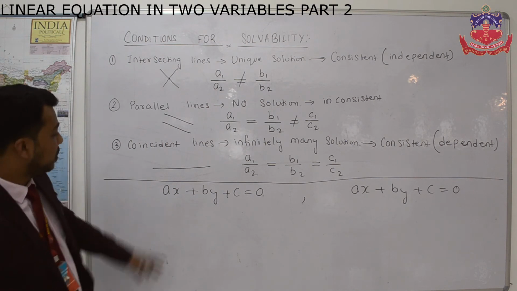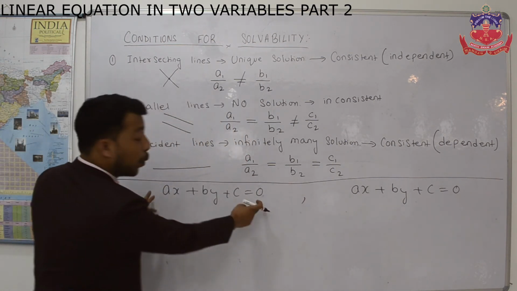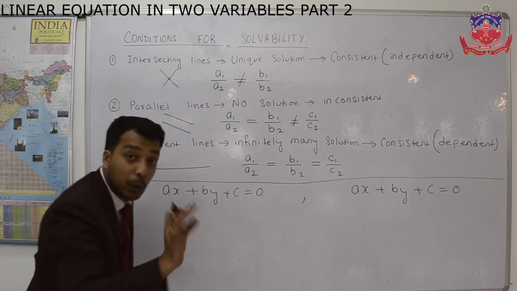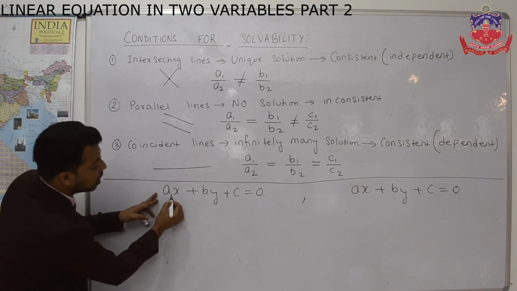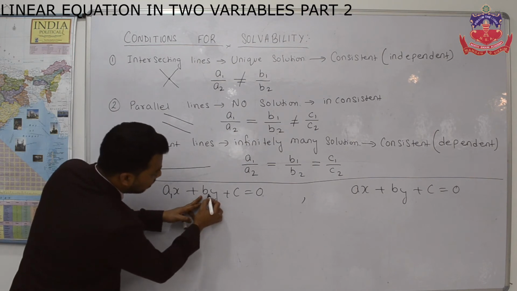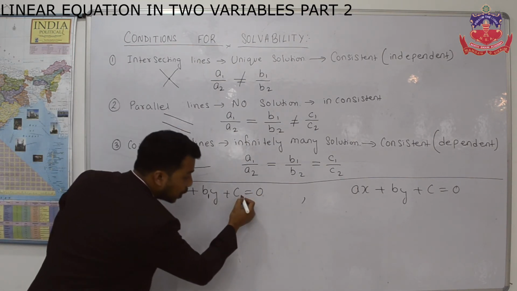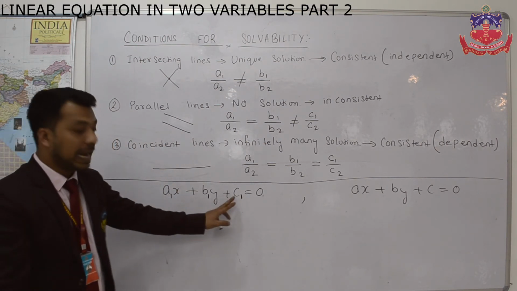Now the problem is, here also it has a, here also it has a. So the numbers in the first equation are given the number of the equation itself. With a, the first number, you write the equation number, that is 1. B, the second number, you give the equation number, that is 1. C, which is a constant, you give the equation number, that is 1. So it becomes A1, B1 and C1.